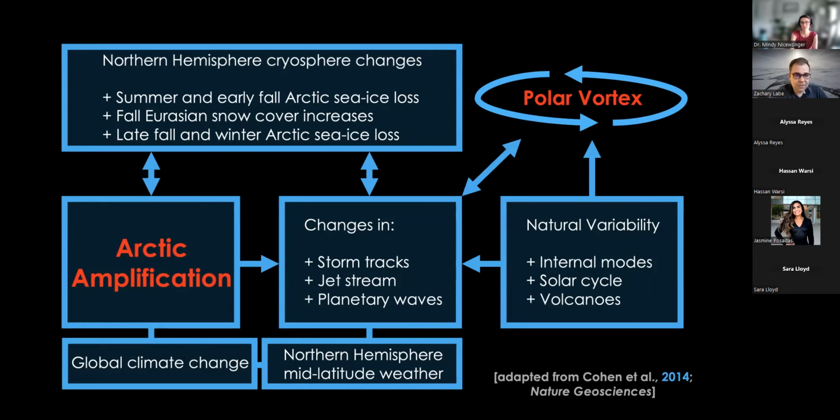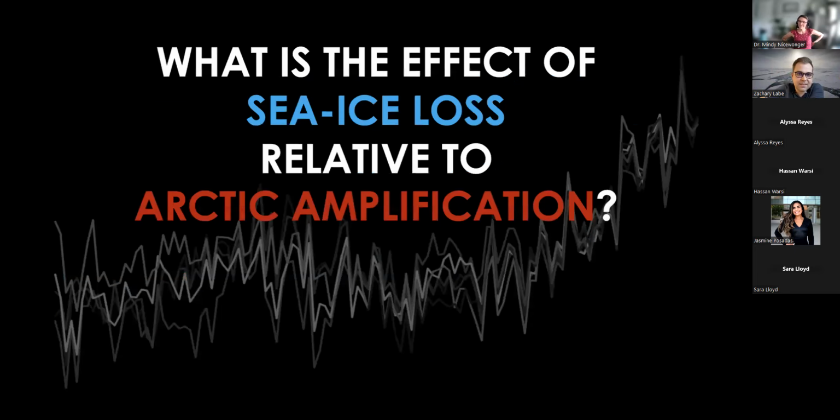So trying to understand how climate change in other areas might also be affecting things like the jet stream can then affect all of these linkages. So it's a very complicated setup. I'll just show the results from one of our research studies.